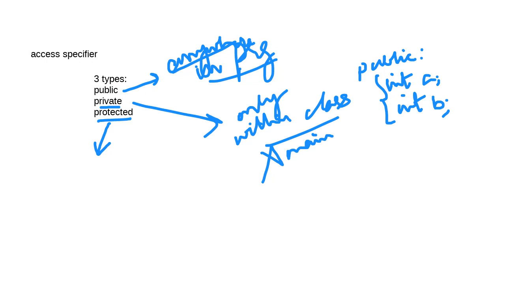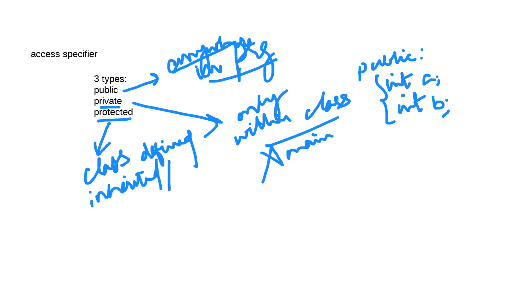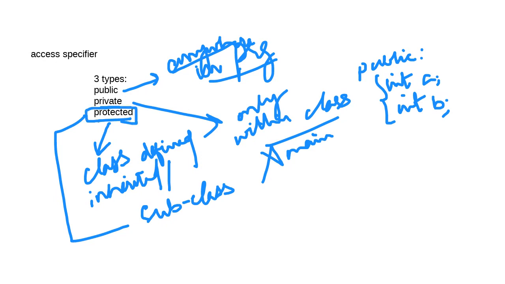Protected means जिस class में defined है, there it will be accessible, and along with that in the inherited classes, inherited या हम जिसको बोलते हैं sub classes, right? So that's an entire topic that we are going to study further, inheritance. तो inheritance में जो हम use करते हैं, that is called protected access specifier, right?